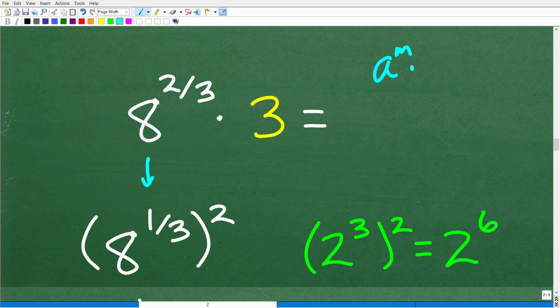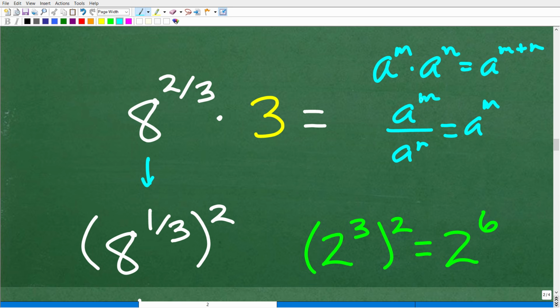Let me go ahead and write a few here. a to the m times a to the n: we're multiplying powers with the same base, so we add the exponents. When we are dividing powers with the same base, we subtract the exponents, the denominator exponent from the numerator exponent. And then when we're taking a power to another power, we have (a to the m) to the n. That's equal to a to the m times n.